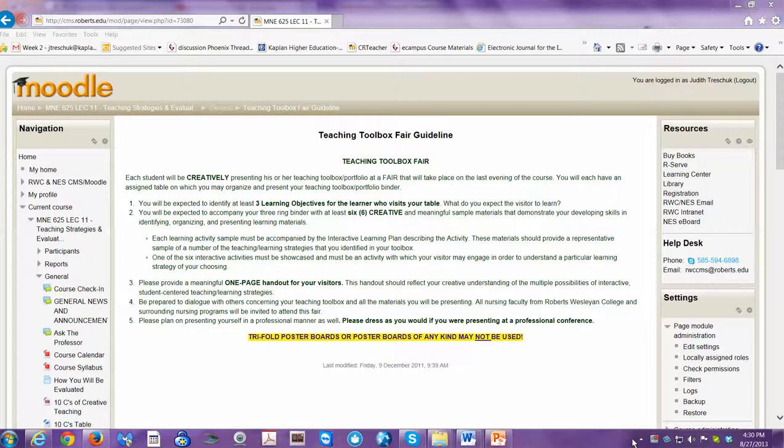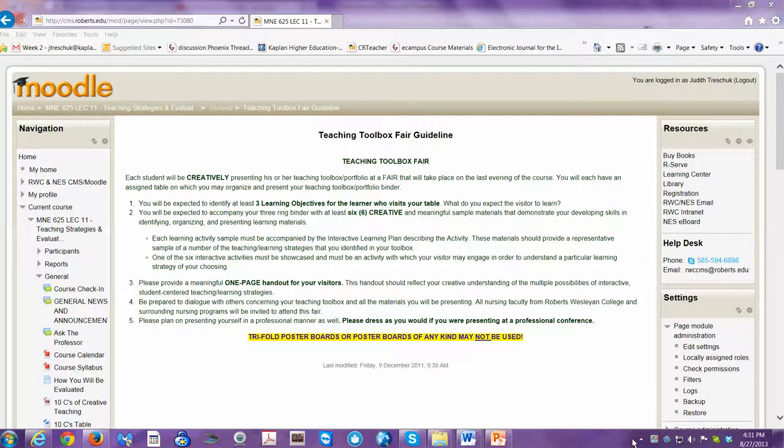Let's say your interactive learning plan was for them to do a debate. Maybe you would have as the sample a description of the rules of the debate. If it was about using children's stories with students, maybe you'd have a storybook that would be an example of it.